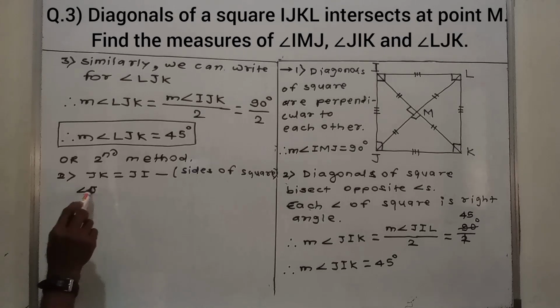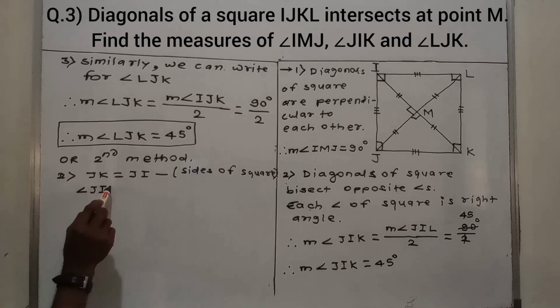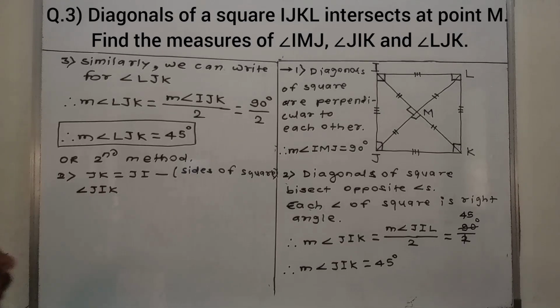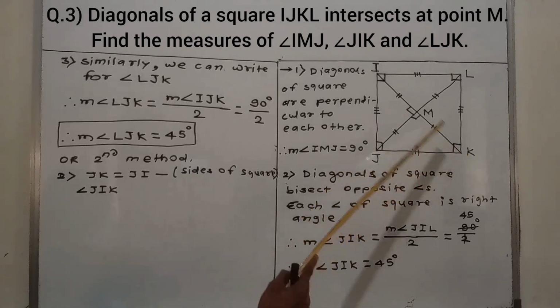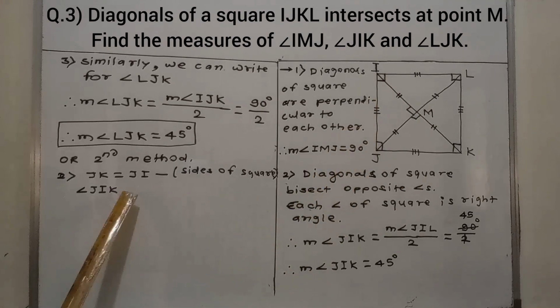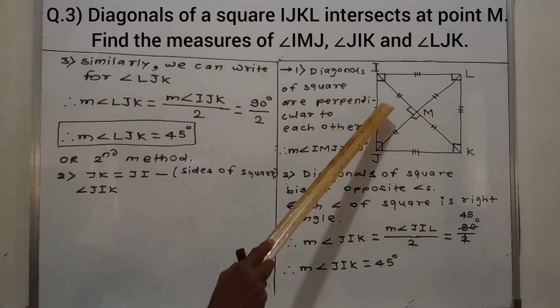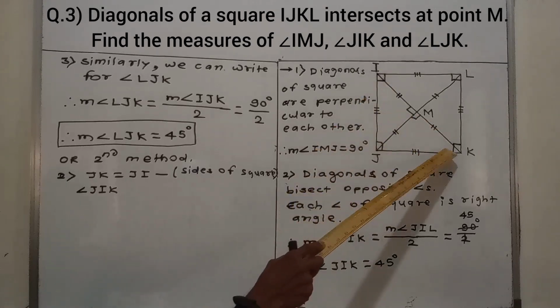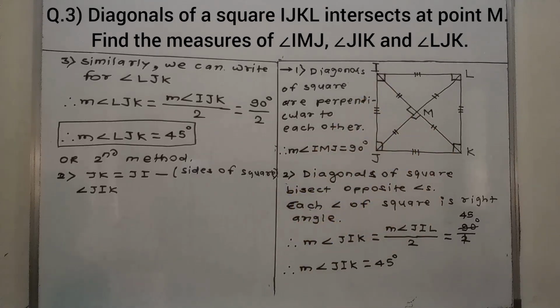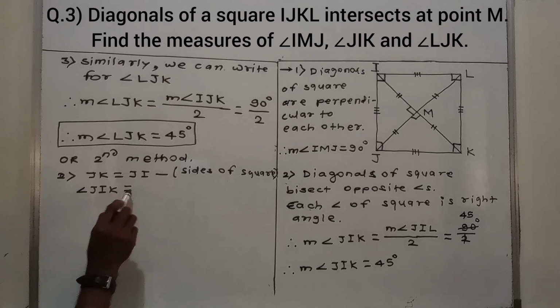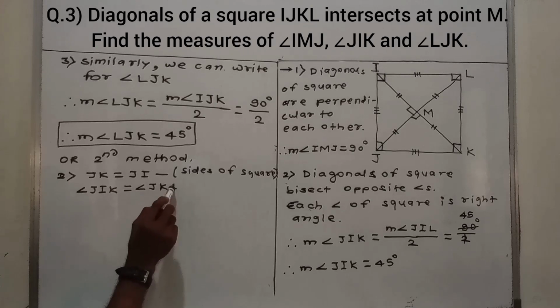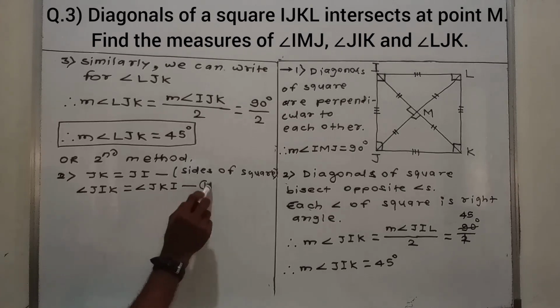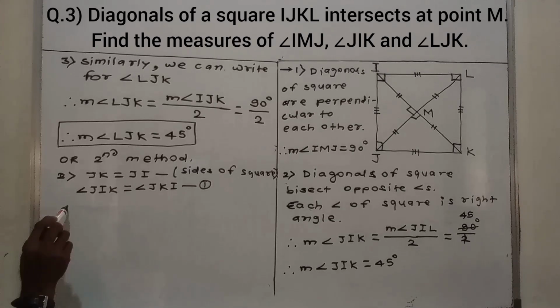Therefore, the opposite angle of side JK is angle JIK, and the opposite angle of side JI is angle JKI. This is equation number 1.